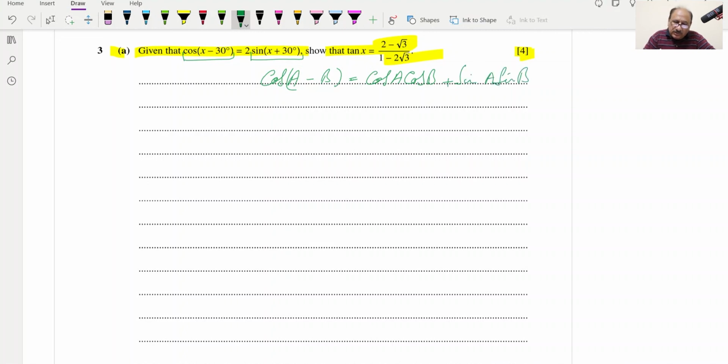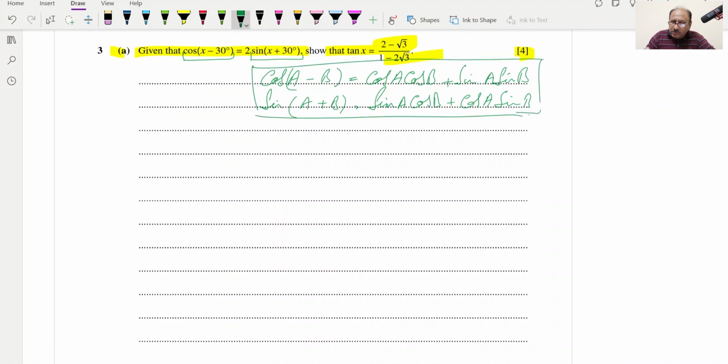This will be the formula. The second formula: sine of a plus b will be equal to sine a cos b plus cos a sine b. These two formulas we will be applying, and our equation will become what?